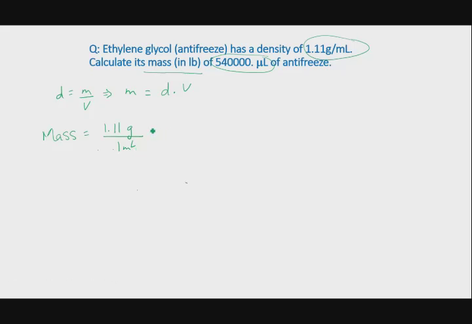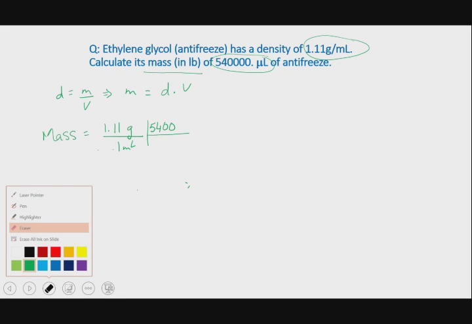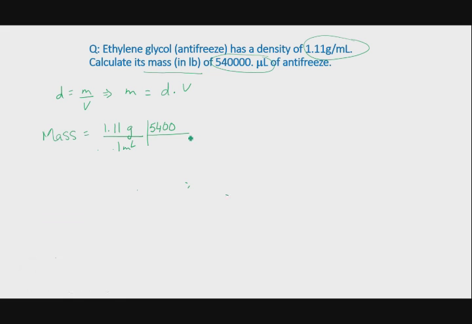And then if you multiply this by the volume given as 540,000. microliters, also note how the specific way in which the volume is written, because that affects the significant figures in the number. If we were to take density and multiply it by volume, we would be able to cross out the volume terms and be able to get mass.